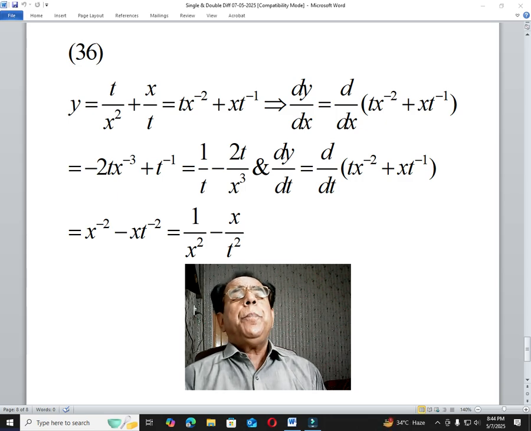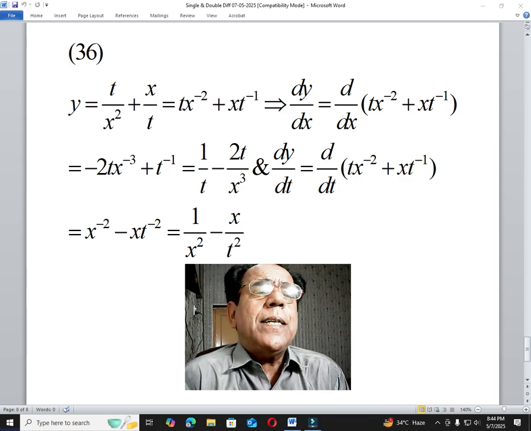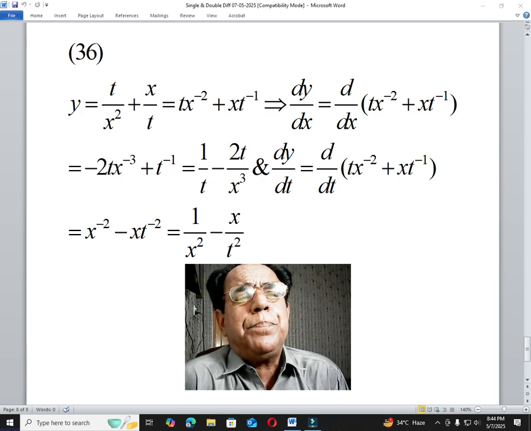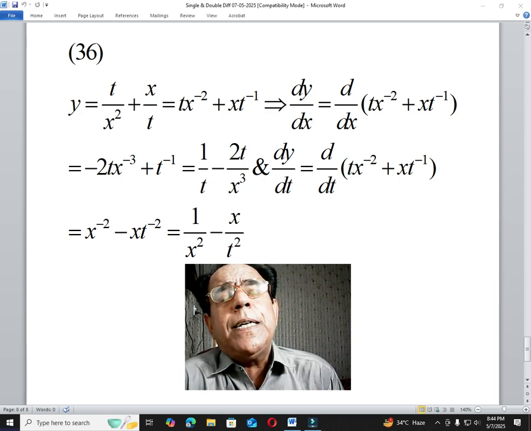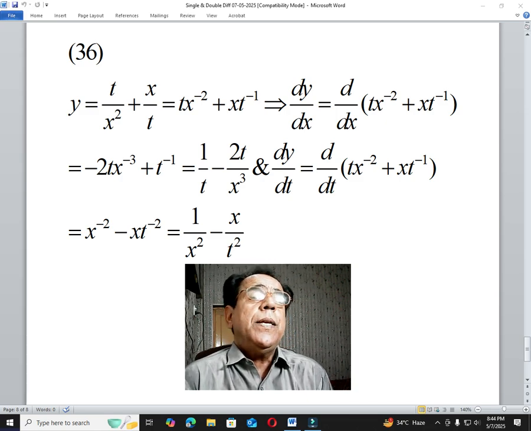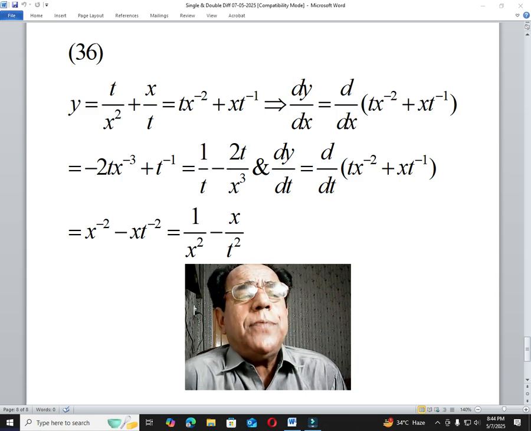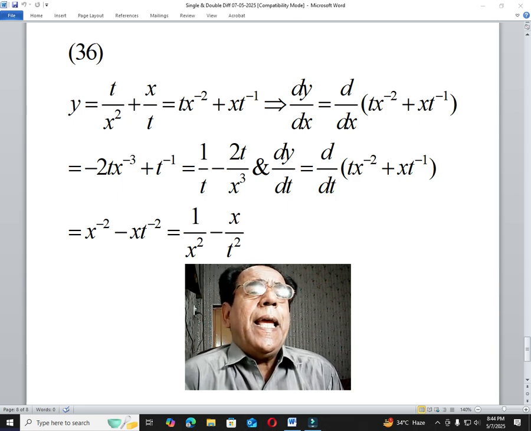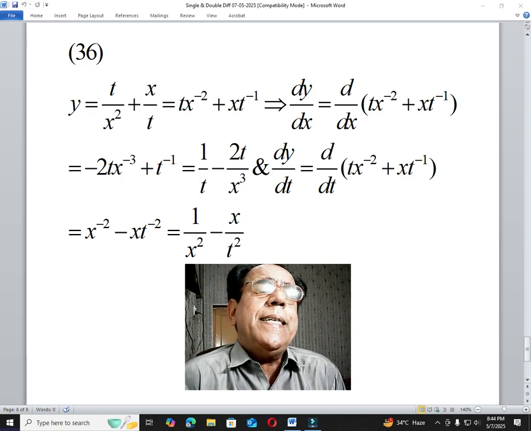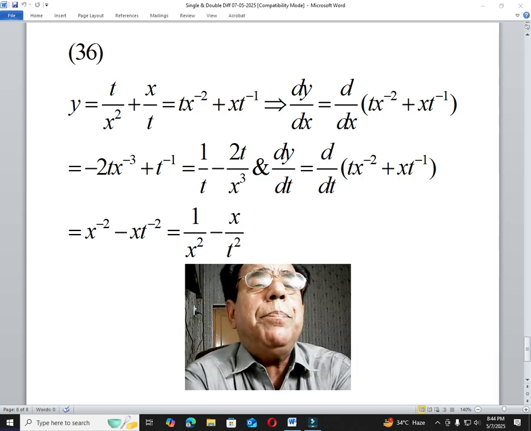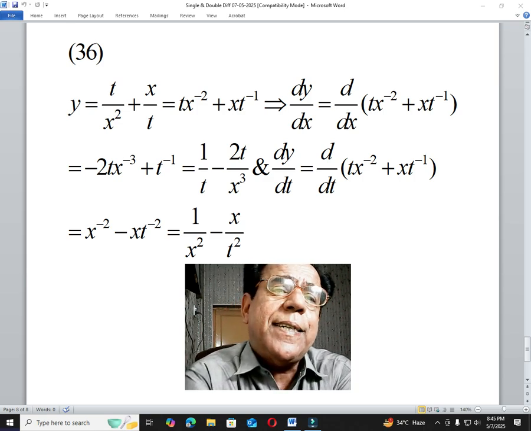Okay, so t raised to minus 1, which was written at second place, now it has been written at first place, because it does not make any difference. In place of t raised to power minus 1, we have written 1 over t minus x raised to power minus 3 will become x raised to power plus 3 in the denominator. That is to say, it has become minus 2t over x raised to the power 3.